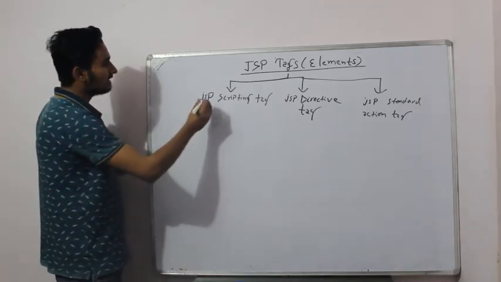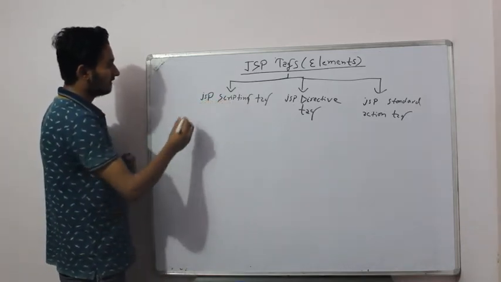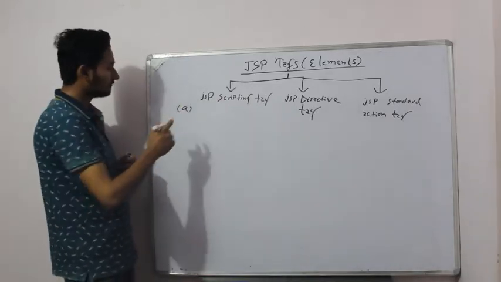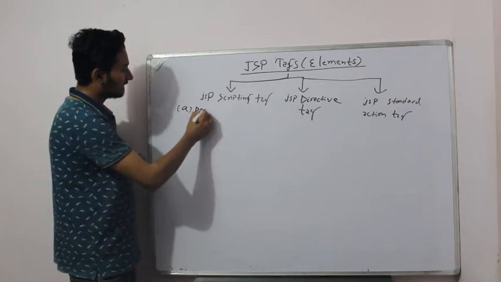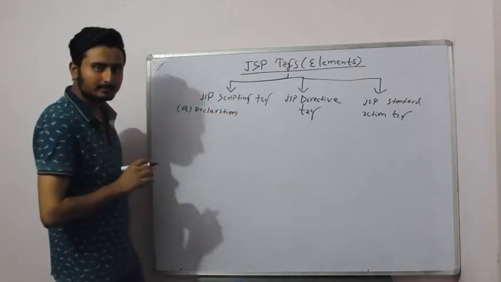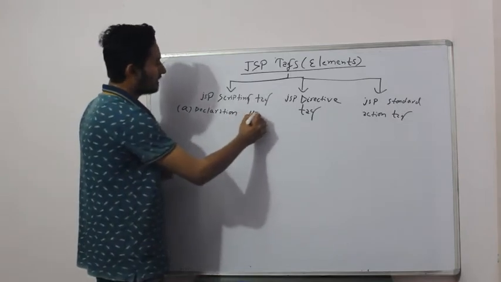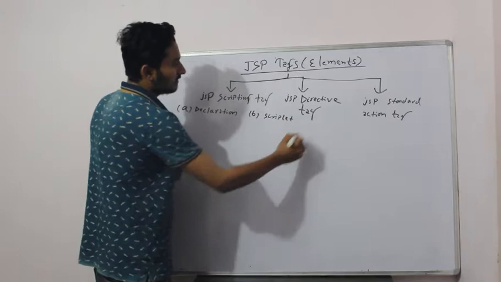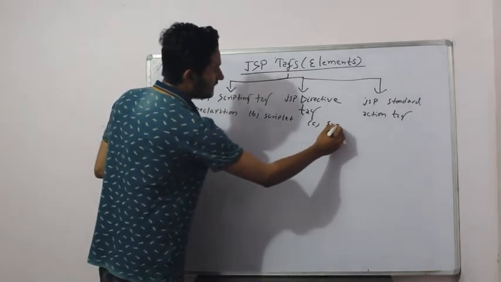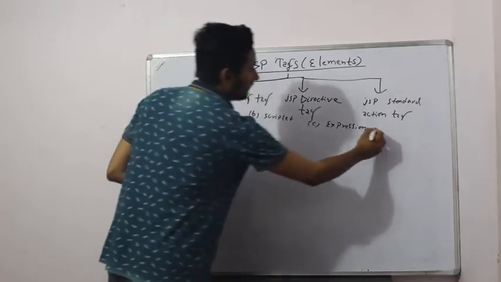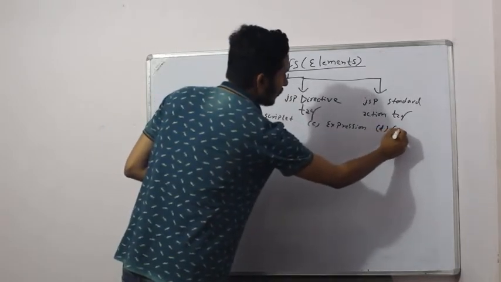Inside this JSP scripting tag we have four tags. The first one is declaration tag, the second one is scriptlet tag, the third one is expression tag, and the last one is comment tag.